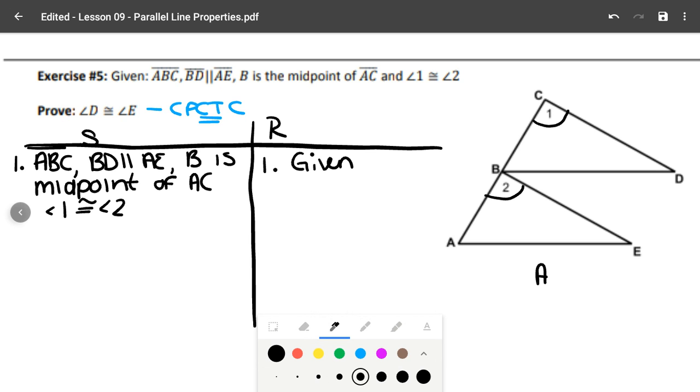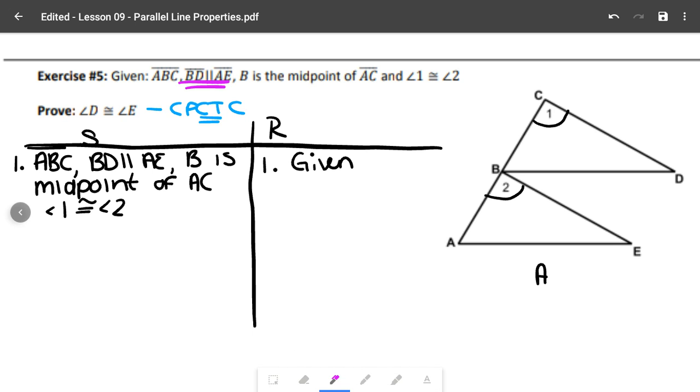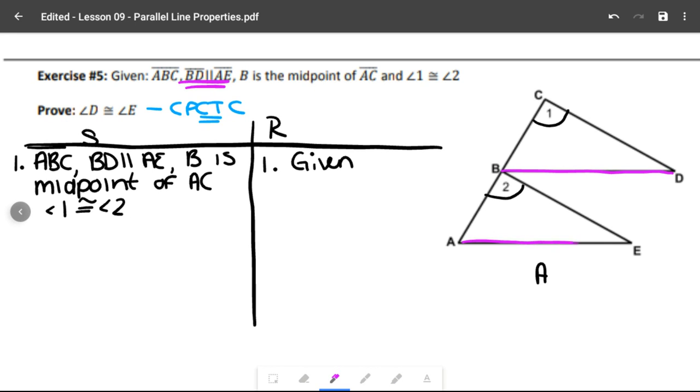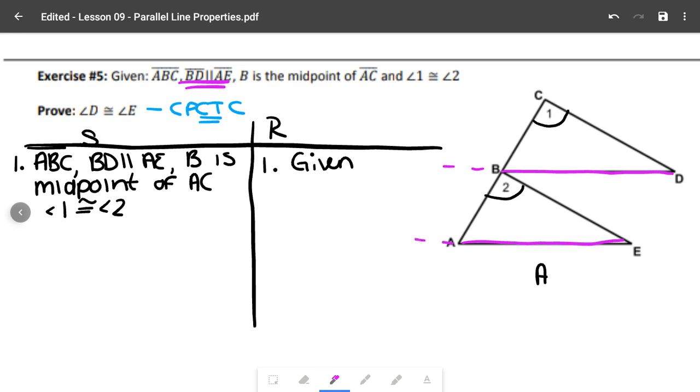Okay, now I can either look at the picture or look through and see if there's anything in my given. Well, if I have parallel, I want to look to see. Now that means BD here is parallel to AC. If it helps, I could extend this line because lines go on forever.